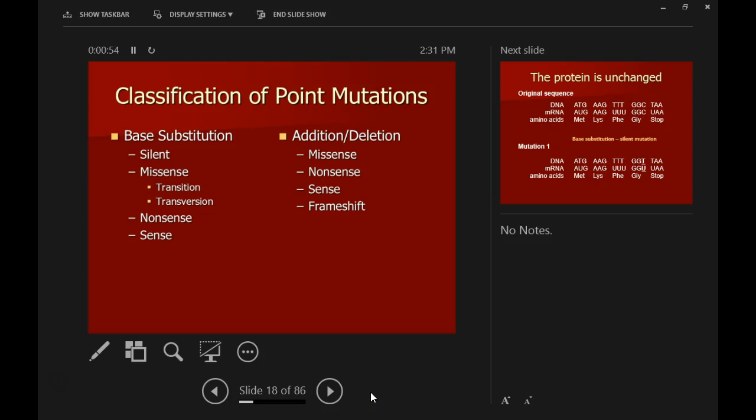To me, when I look at a mutation, not only do I put what the DNA sequence is, but I will often put in what the amino acids are. We'll find out that a lot of these classifications are based on their effect on the amino acid sequence coded for by the change. So let's begin with our first one here.